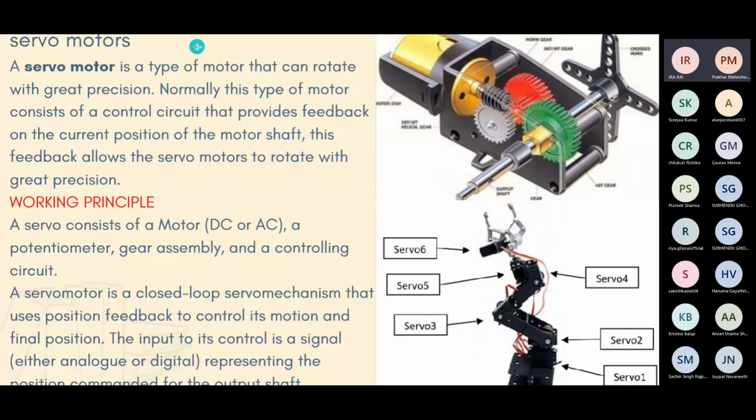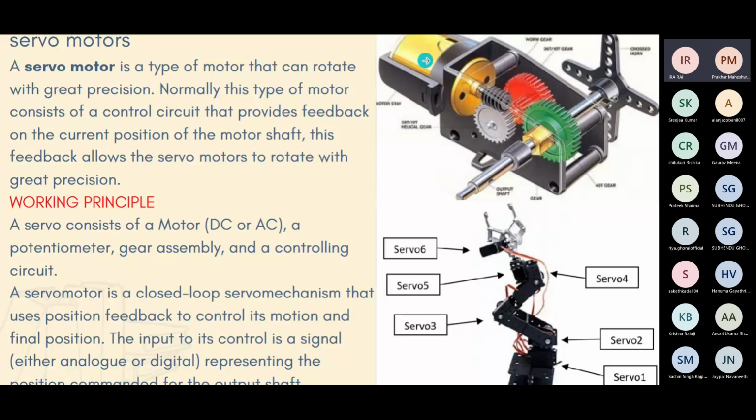So we need servo motors. We need great precision of motion. So normally this type of motor consists of a control circuit that provides feedback on the current position of the motor shaft. So this feedback allows servo motors to rotate with great precision. I'll be explaining more about this control circuit in the next slide. So the basic working principle is, these servo motors basically consist of a simple motor.